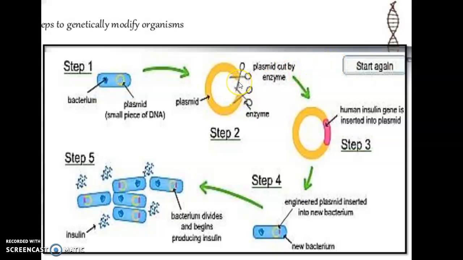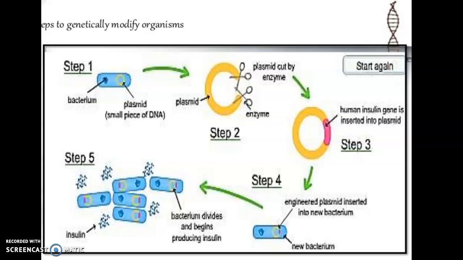Then the plasmid is cut, or an insertion site is made on the plasmid, with the help of one unique enzyme, that is restriction enzyme. It behaves like a scissor or chemical scalpel and cuts the plasmid or any vector DNA at specific sequences. The same type of restriction enzyme is used to cut the desired human gene from the entire genome.